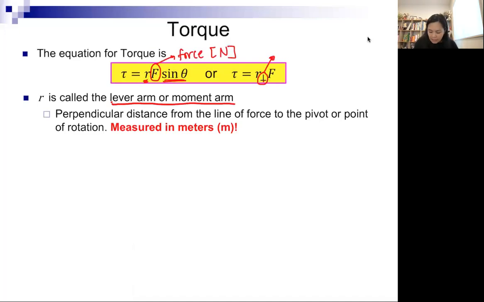The lever arm or moment arm is the distance that is measured perpendicularly from the force to the pivot point of rotation. The pivot point of rotation is that point about which the object rotates. So for the pinwheel, the object rotates about this point in the middle.